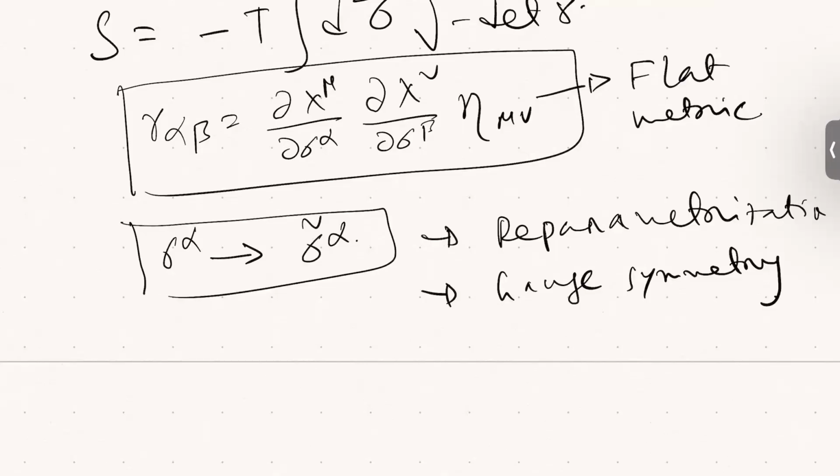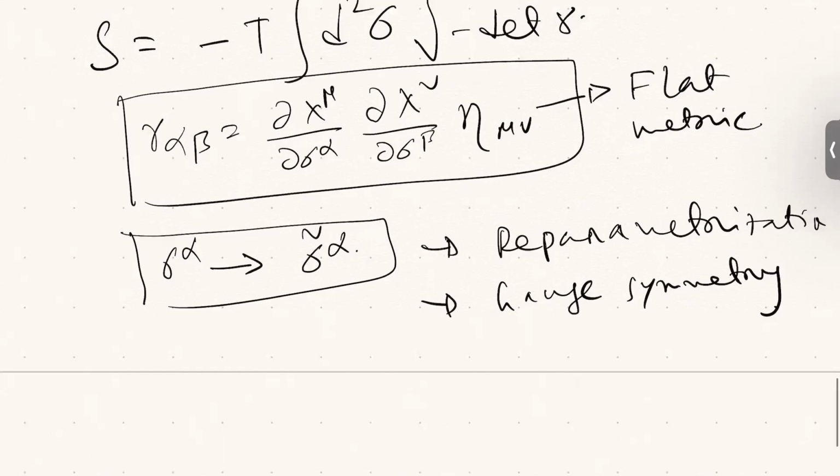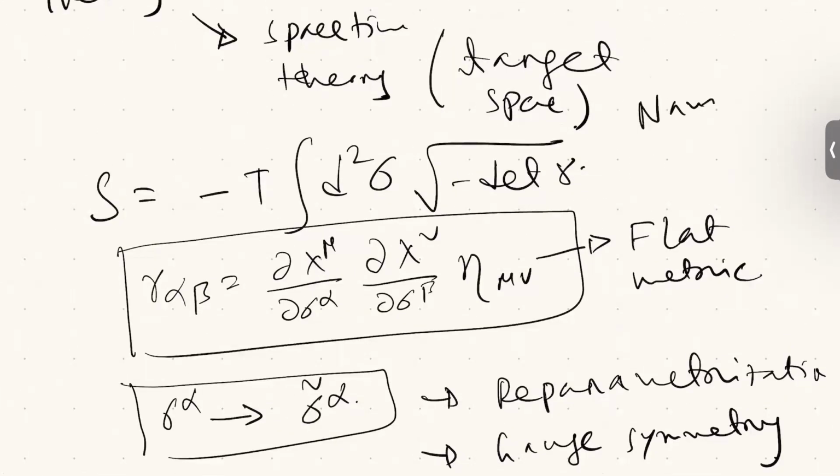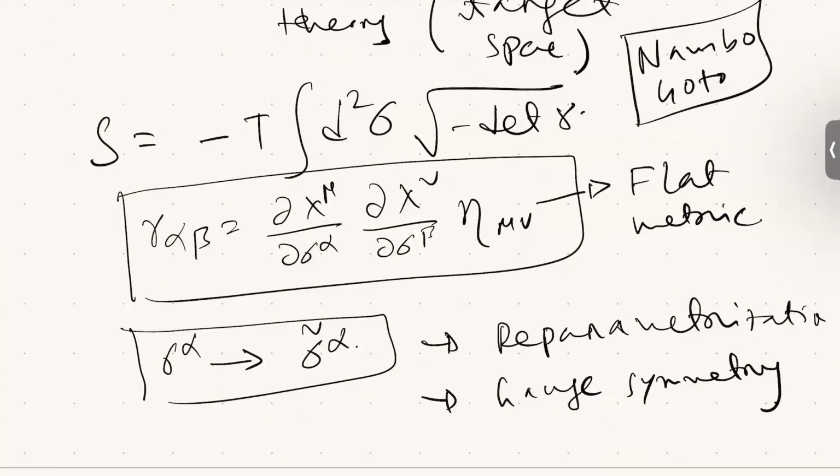So the problem with the Nambu-Goto action, I think I told you, is a bit difficult to deal with because it has a square root inside it. So whenever you want to make this guy not flat anymore, but curved, like a string moving in arbitrary curved space, this action is a bit difficult to get.